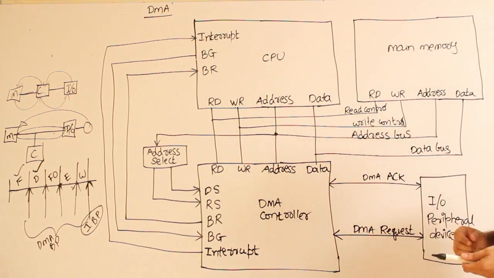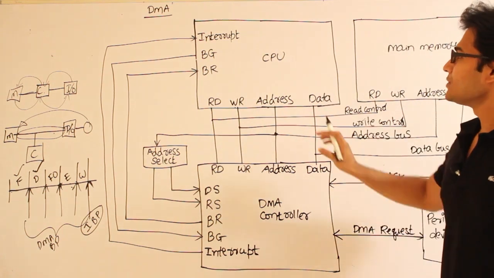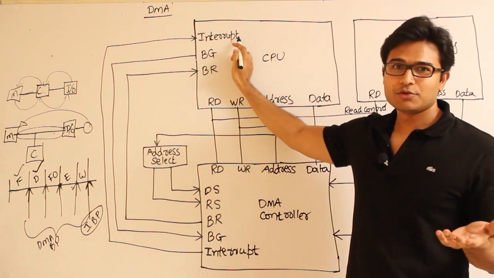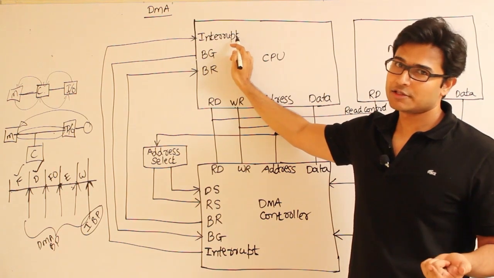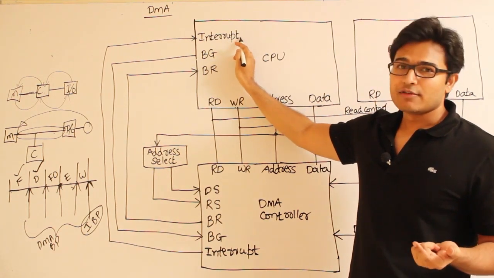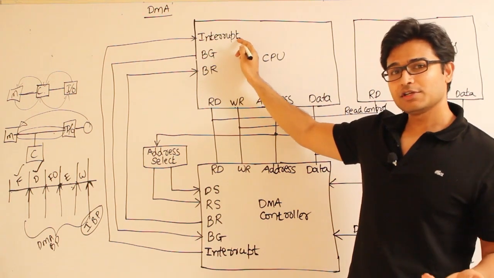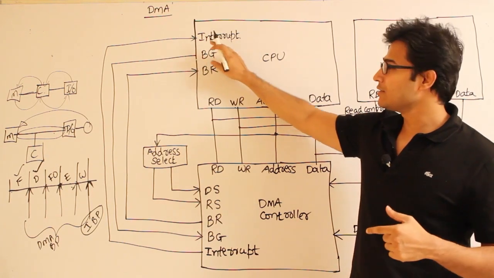Okay. Now we are discussing the CPU, right? Coming to the CPU, these are all the things we have. One is interrupt. As usual, you know why interrupt is used. Whenever an IO device requires something, it will raise an interrupt. IO can be initiated by the CPU or by the IO device. If it is initiated by the IO device, you will get an interrupt.